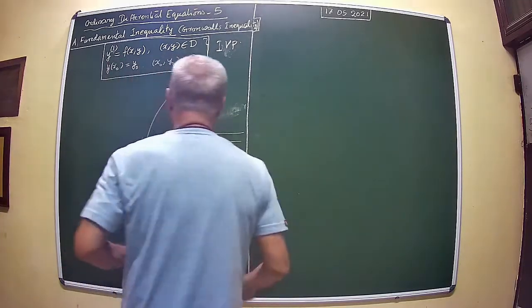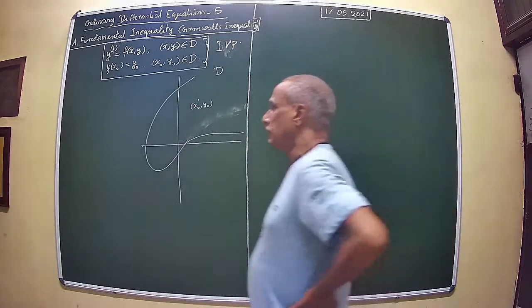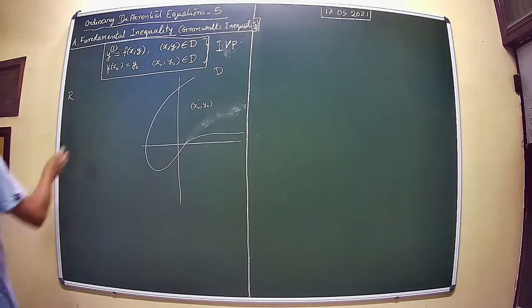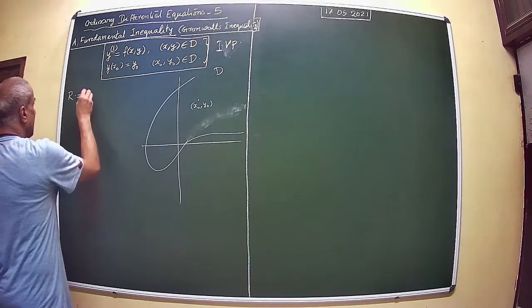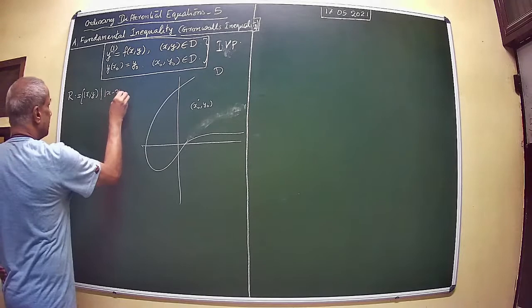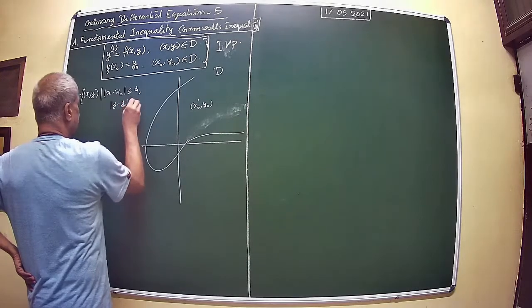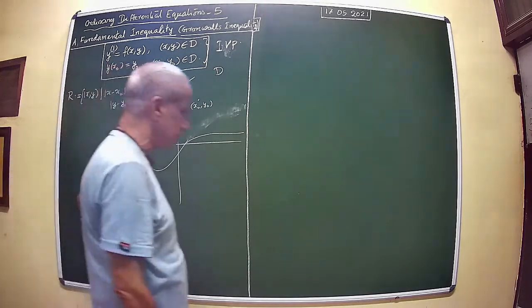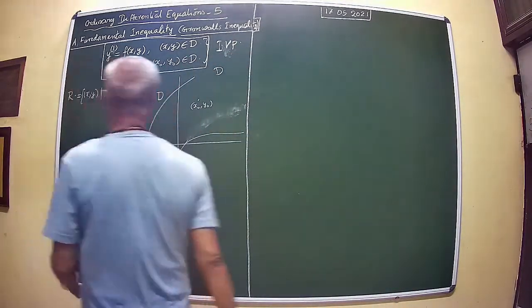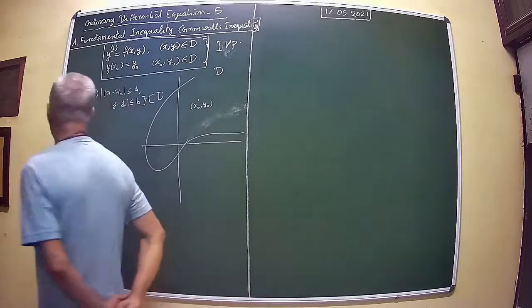And then we had a rectangle R. This is a closed bounded rectangle, defined as the set of x, y with mod x minus x naught less than or equal to a, mod y minus y naught less than or equal to b, and a and b are chosen such that R is contained in D. This is possible because D is open connected and this is an interior point.